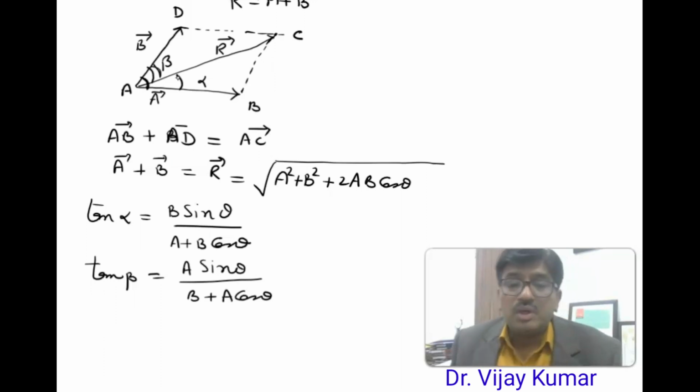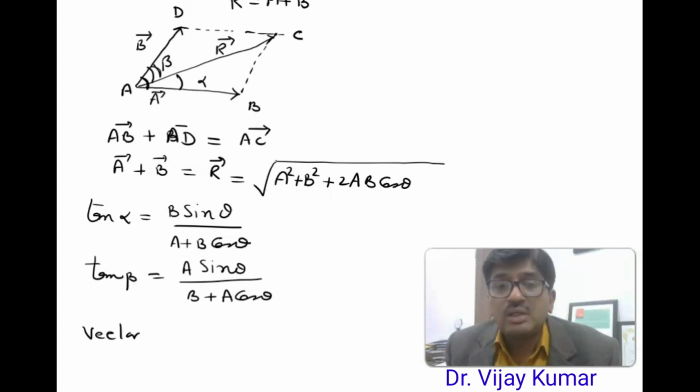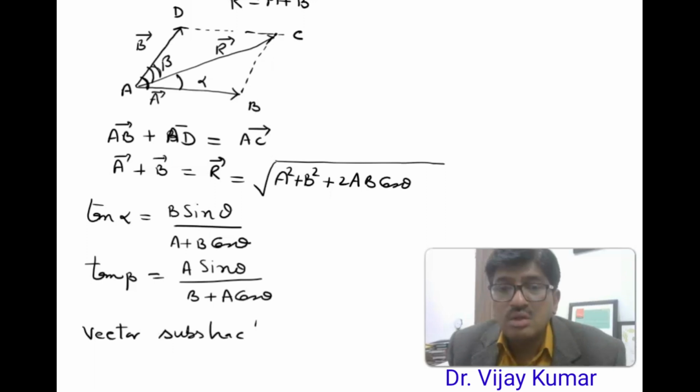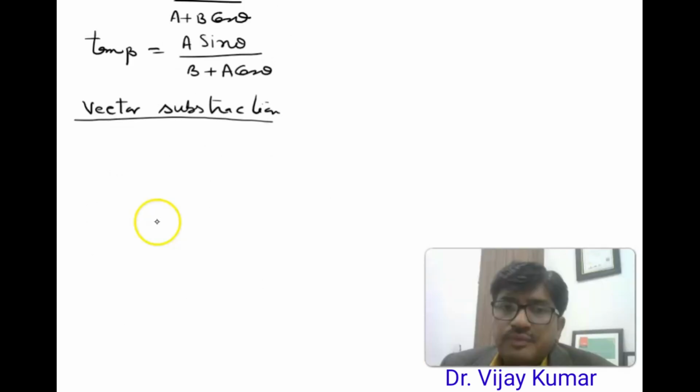So this is the parallelogram law, and now we can see vector subtraction. Suppose this is vector A and this is vector B, and the angle is theta.